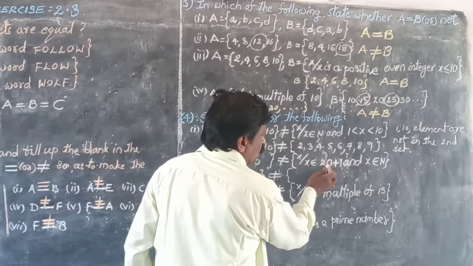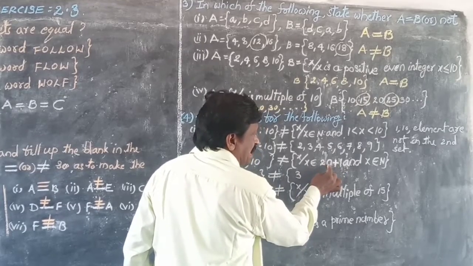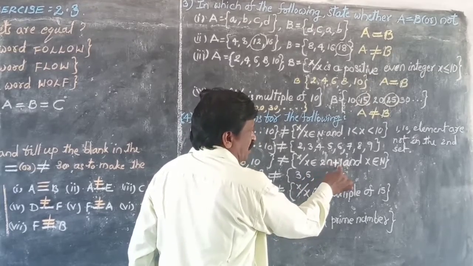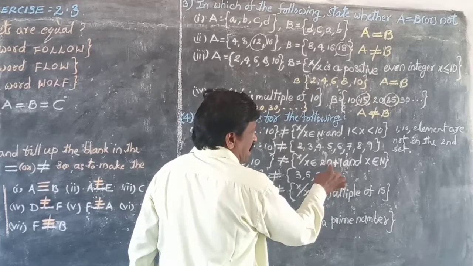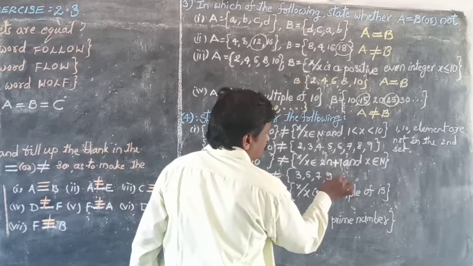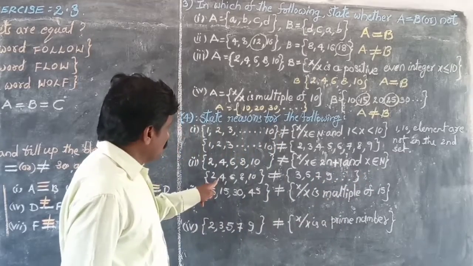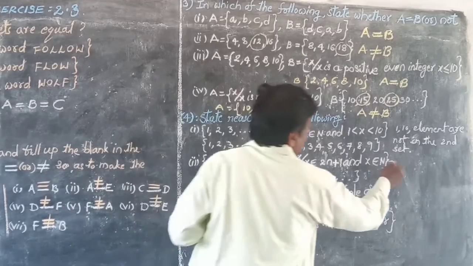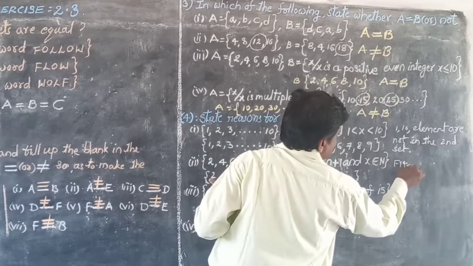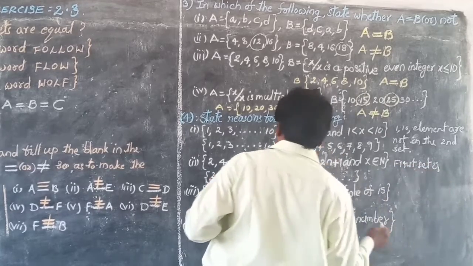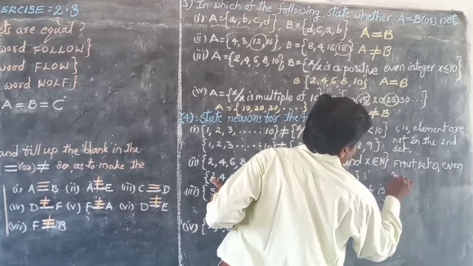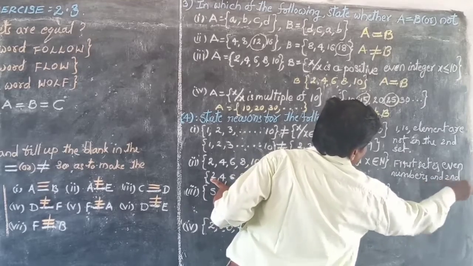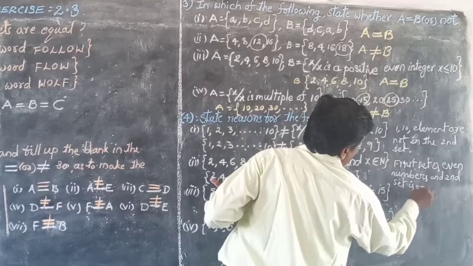So 2 ones are 2, plus 1 is 3. 2 twos are 4, plus 1 is 5. 2 threes are 6, plus 1 is 7. 2 fours are 8, plus 1 is 9. So these are even numbers, these are odd numbers. The reason is the first set is even numbers and the second set is odd numbers.